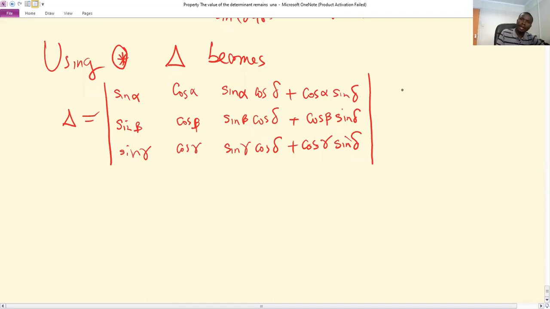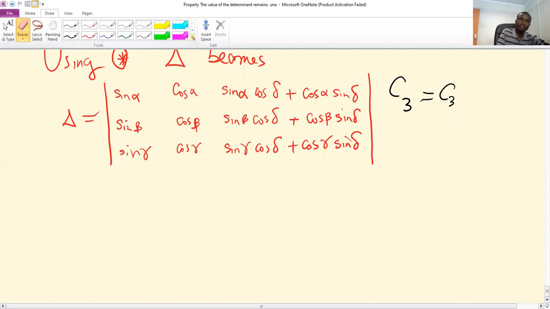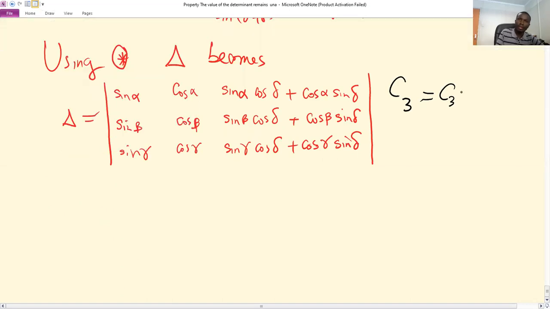Now, the next step, after replacing the third column by the respective expressions from the double angle formula, we let column 3 be column 3 minus cosine of delta times column 1. And let's keep column 2 and column 1.